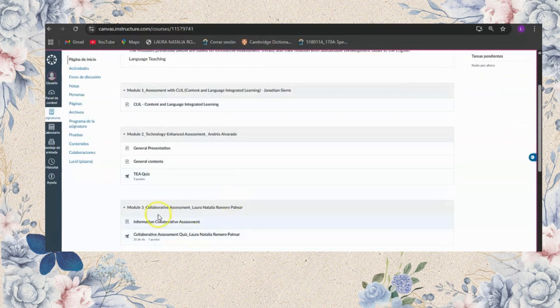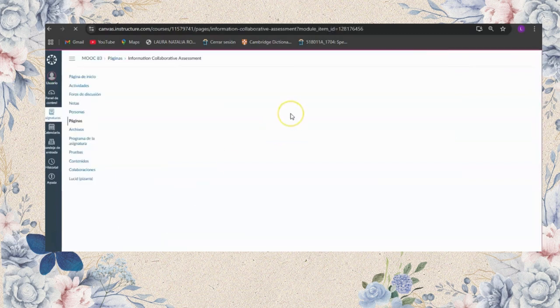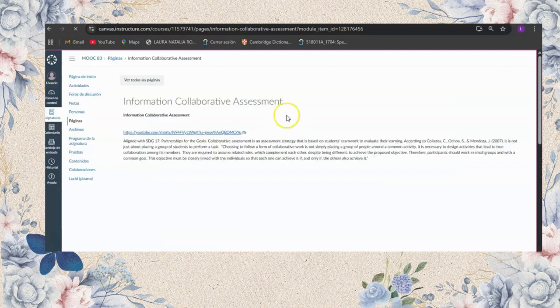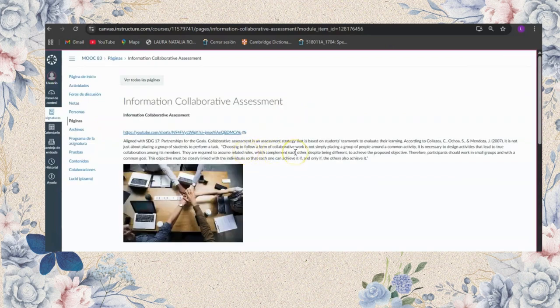In module 3, we can find the collaborative assessment. In this space, we can find the most important information of this trend. This trend is aligned with SDG 17, partnerships for the goals.